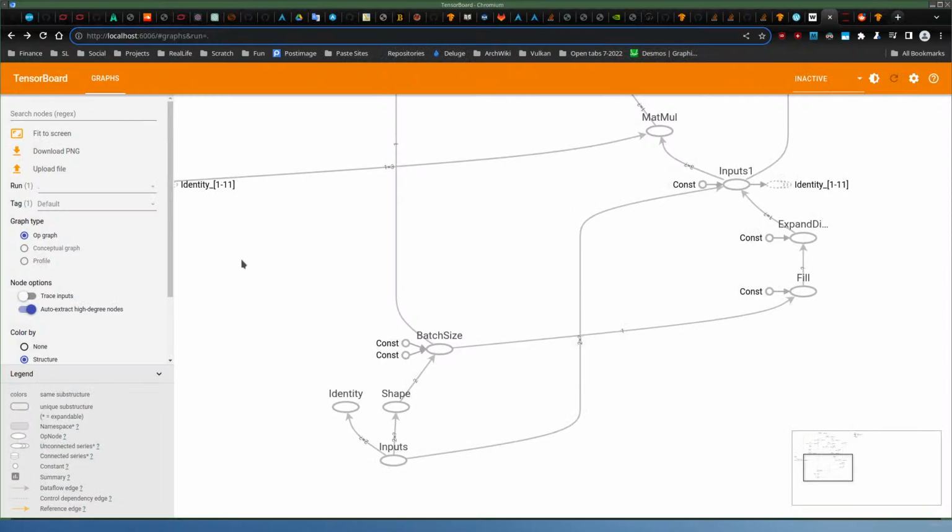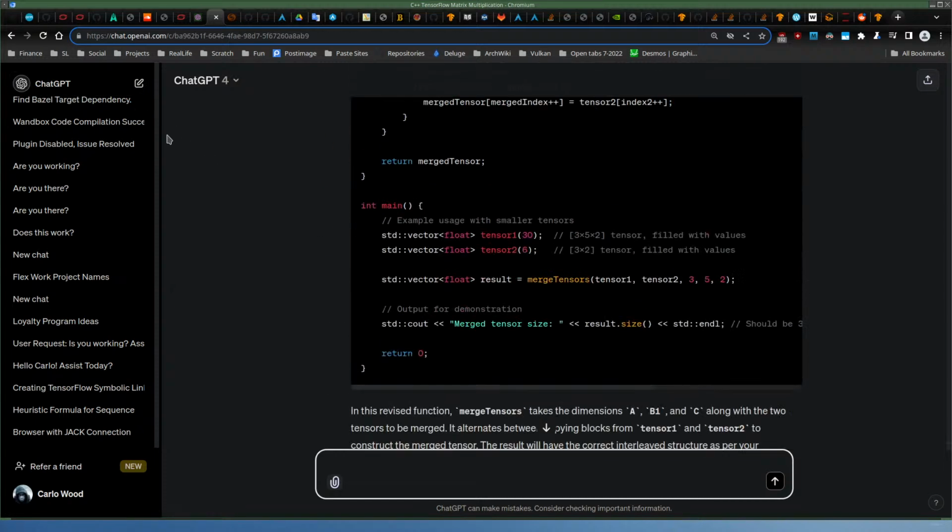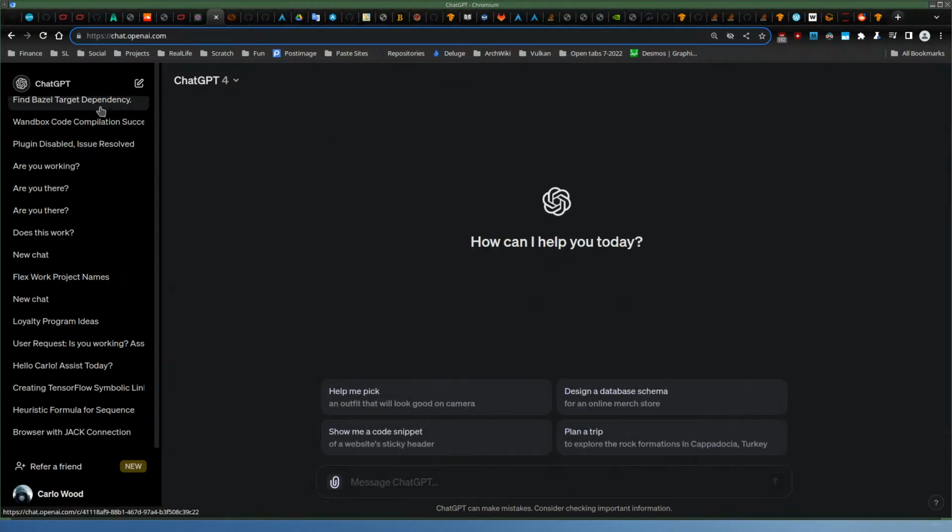And then maybe it will tell me something sensible. Let's start a new chat. Using TensorFlow while training a neural network.